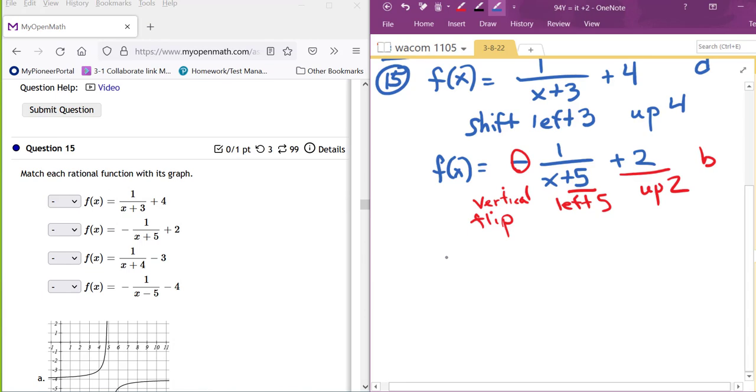All right, third one. This one, there's no flip, so it's going to shift left 4 and down 3, but no flip.